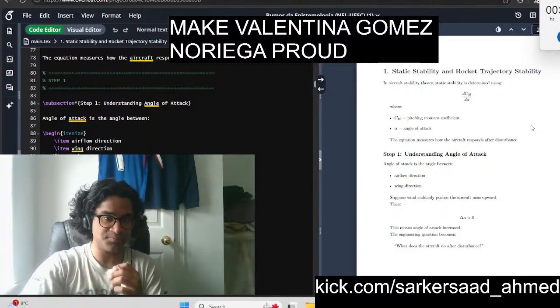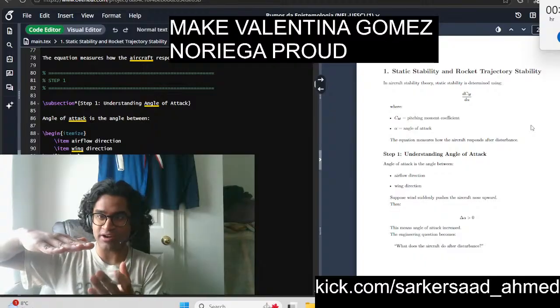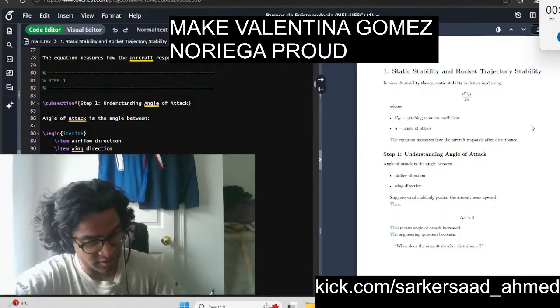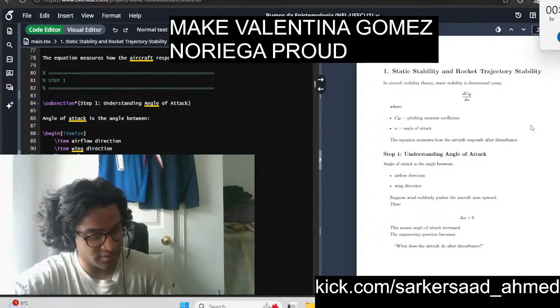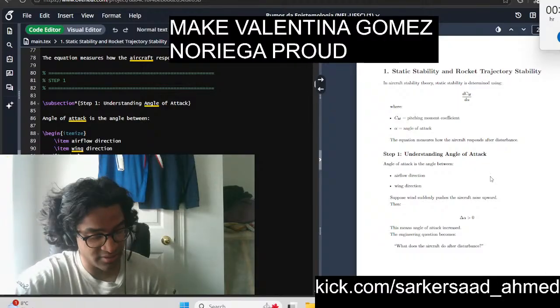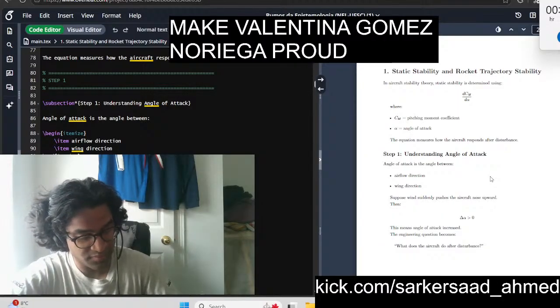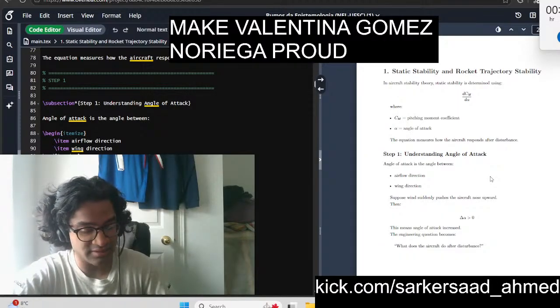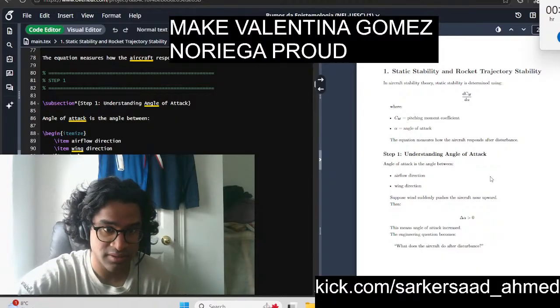Because the wind is gusting, it's going to force the aircraft nose to go upward. This means the angle of attack is increased. And this, delta alpha greater than 0, means the angle of attack increased, right? So what does the aircraft do after the disturbance?